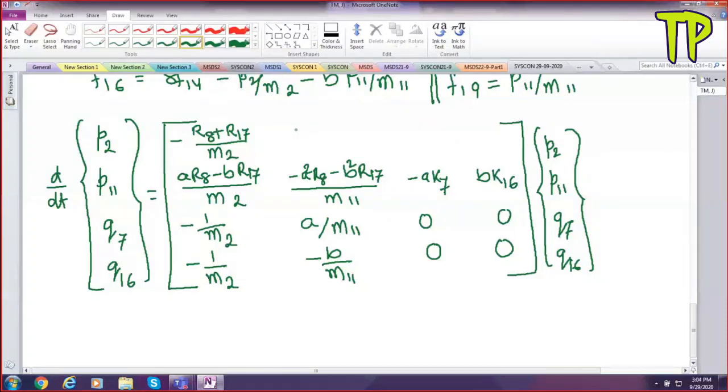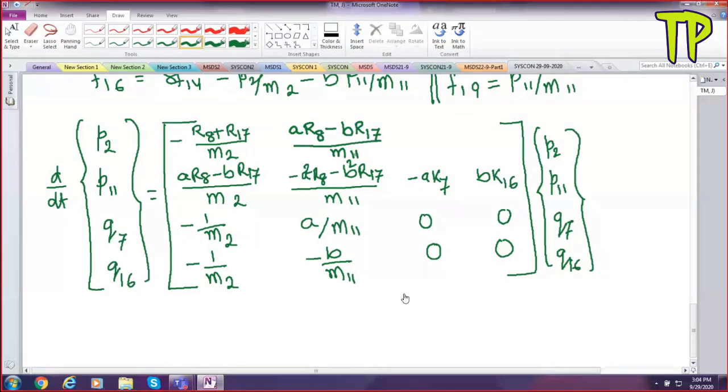So we write there AR8 minus BR17 by M11. So that part is done.